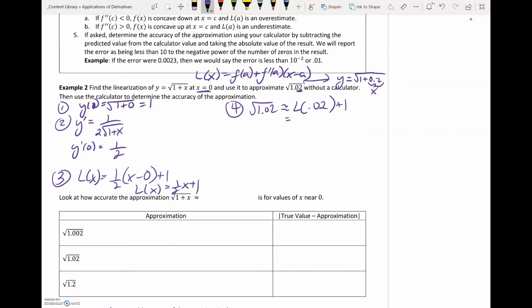So if we do this calculation, this is going to be 1/2 multiplied by 0.02 plus 1, which is 0.01 plus 1, and that's 1.01. So that's the approximation for the root of 1.02.